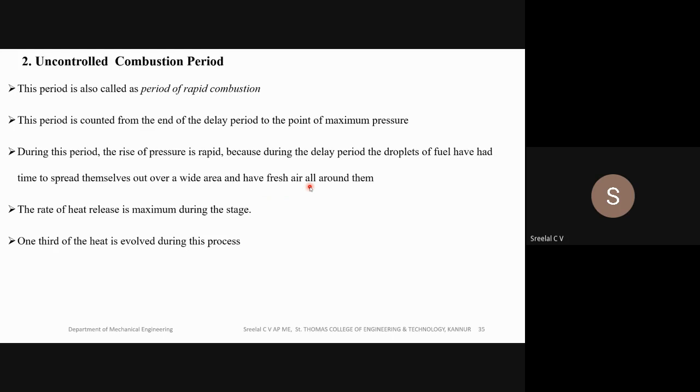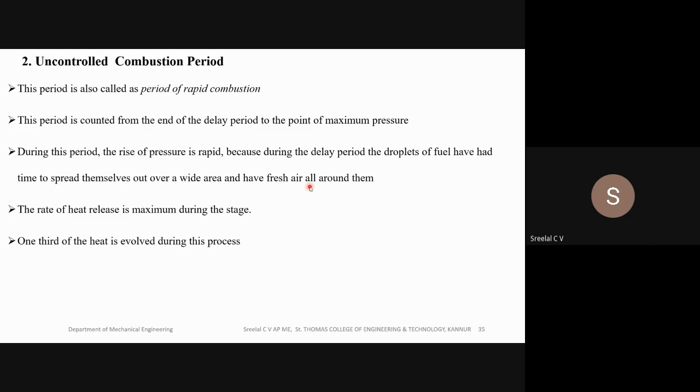As a result, if the combustion starts, it will be uncontrolled combustion. The better term you can use is rapid combustion. It will rapidly combust all over the combustion chamber.